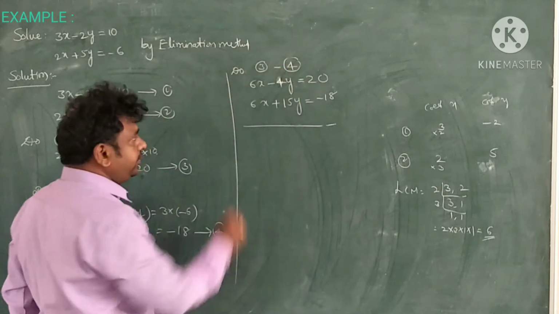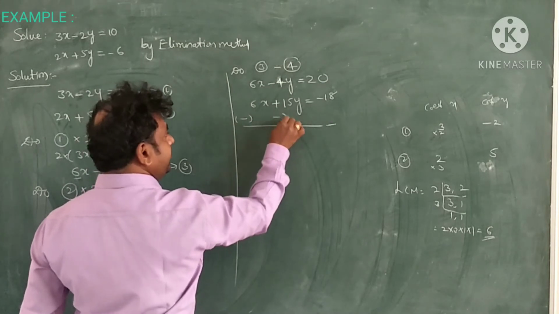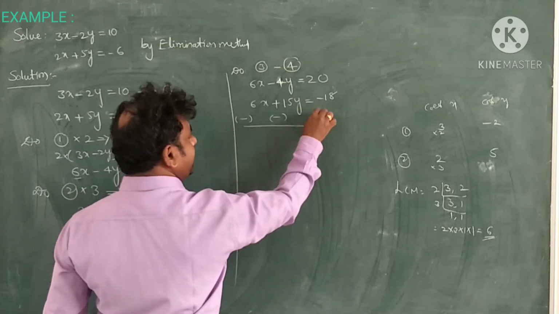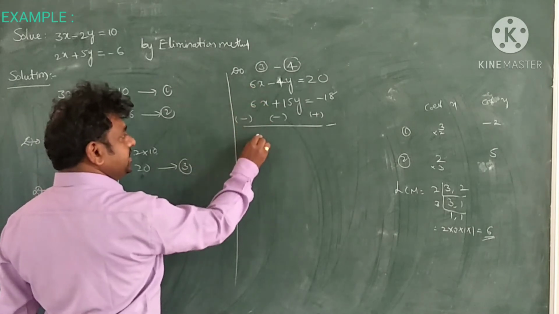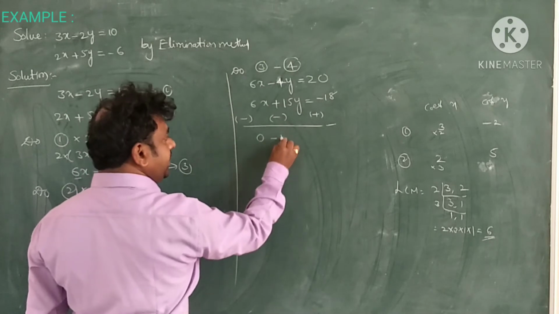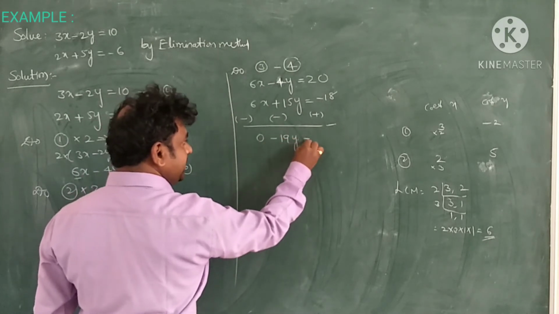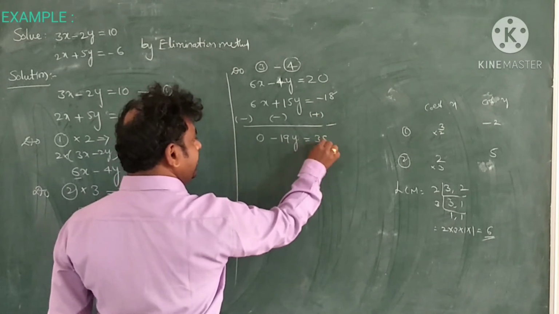Minus into equation 4: minus into plus is minus, minus into minus is plus. 6x minus 6x is 0. Minus 4 minus 15 is minus 19, and plus 20 plus 18 is plus 38.